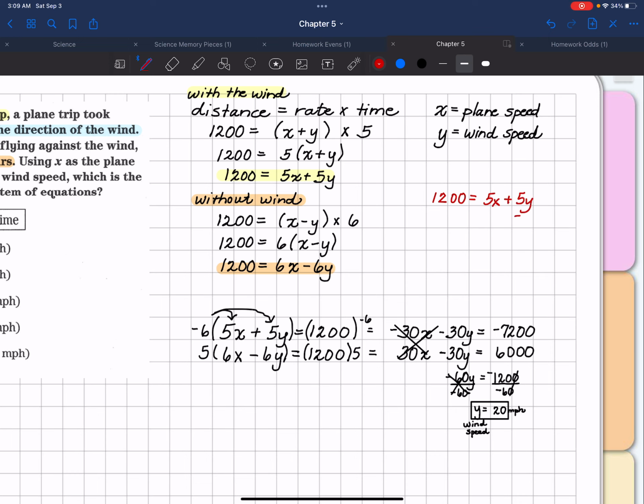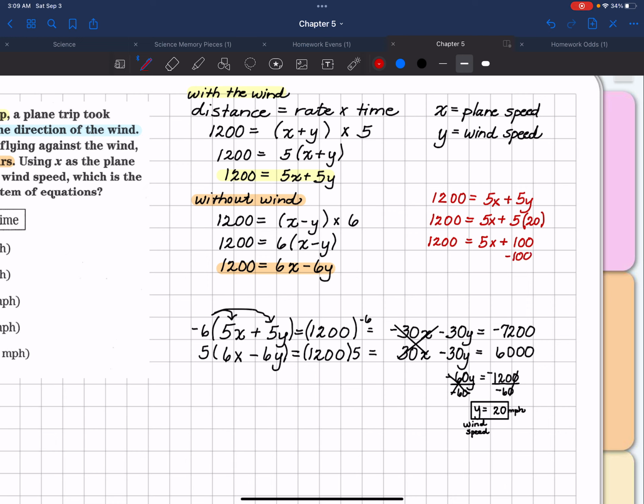And I'm going to substitute the 20 for the y. So I have 1200 equals 5x plus 5 times y. So 5x plus 100 equals 1200.